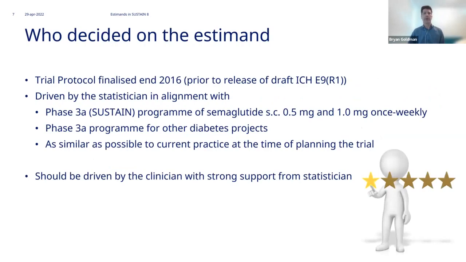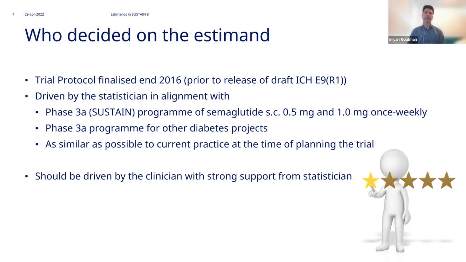So how was the process of deciding on this estimand? I guess I could say that it's been a learning process. It was a learning process at that time, and it's been a learning process ever since. The protocol was actually finalized at the end of 2016, which was prior to the release of the draft ICH guidance. So we were, you could say, flying in the dark a little bit.